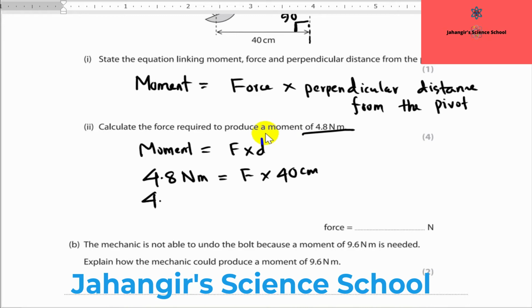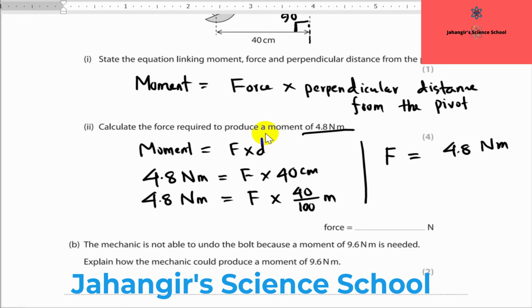So 4.8 Newton meter equals force into 40 divided by 100 meter. Now we have to find out the force. So force equals 4.8 Newton meter divided by 0.4 meter.